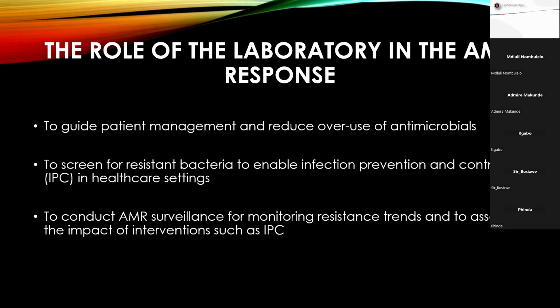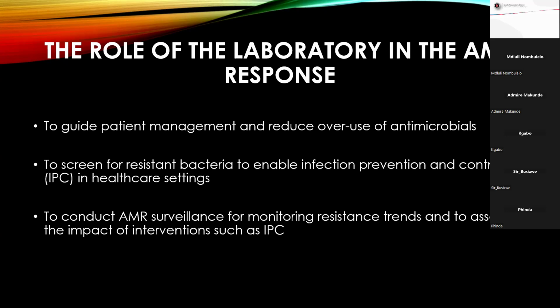But when we're talking about surveillance, it's more like analysis of the trends of susceptibility and resistance. It can be by specimen type or bacterial type, but those statistical analyses give an overview or insight into which organisms are circulating, and that's the role of the laboratory.